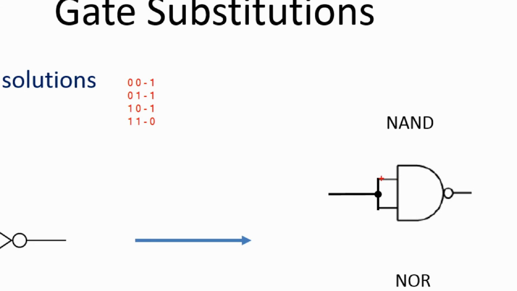Notice that by short circuiting the inputs, I'm looking at this part of the truth table and this part of the truth table. So if I have a 0 coming here, I get a 1 on the output, and if I get a 1, I get a 0. And that's how your NAND is inverting the values, working as a NOT gate.